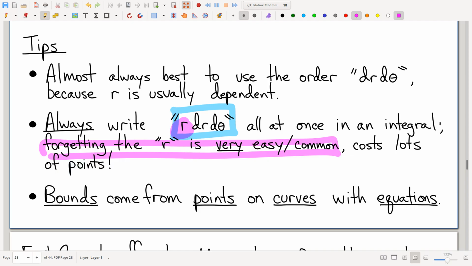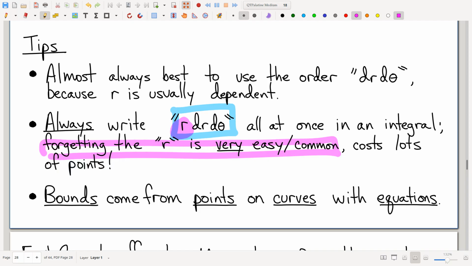Everything else is trig and geometry. This is a course in multivariable calculus. Oh my God, so problematic to forget that stretching factor. Does that make sense?